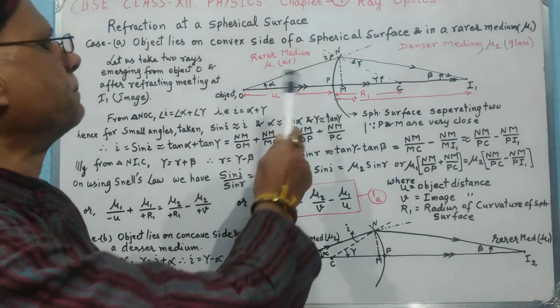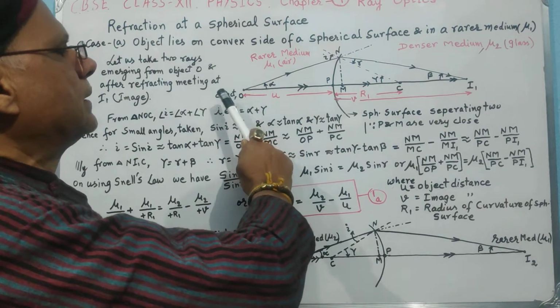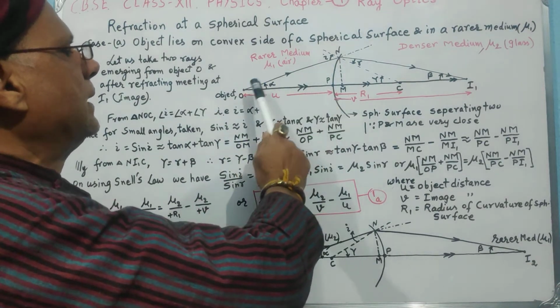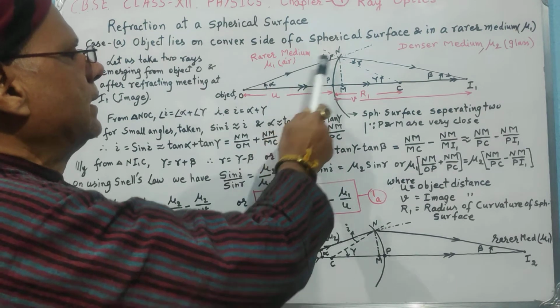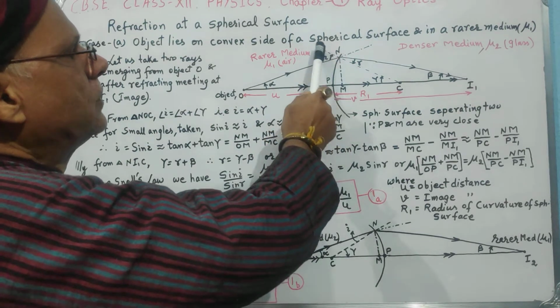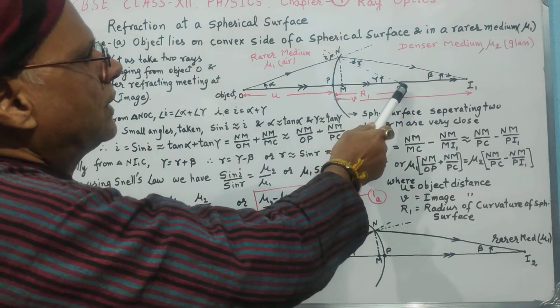You can very well understand that the angle of incidence is the angle made by the incident ray with the normal. So here we have a normal. What is normal?